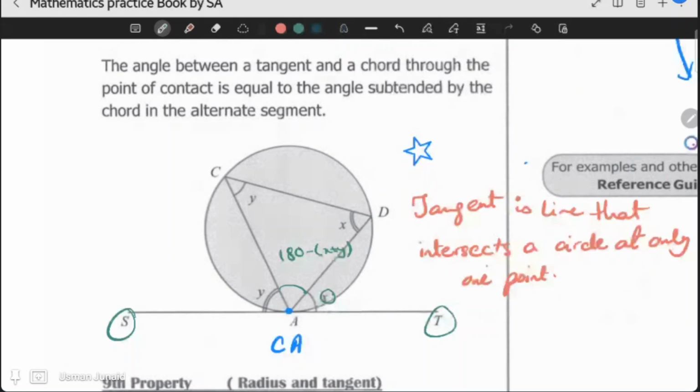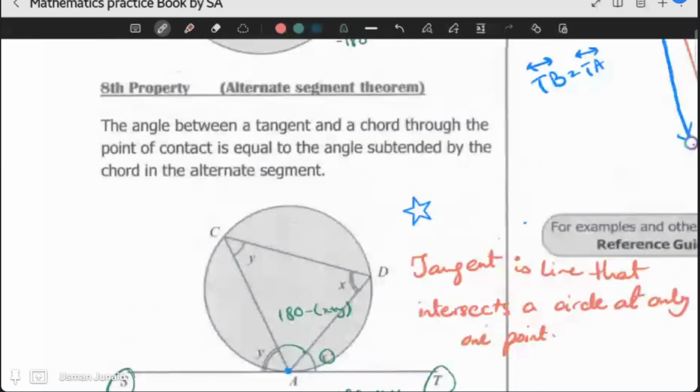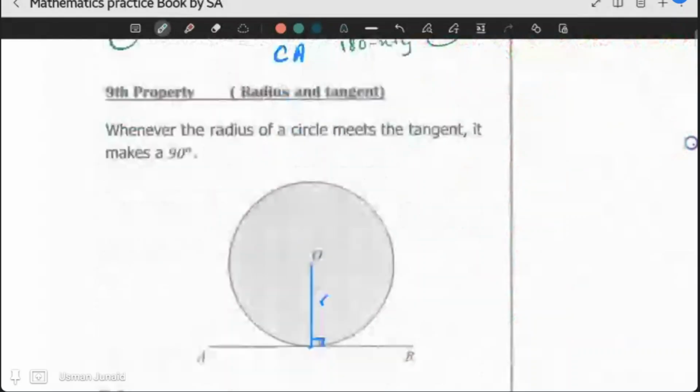And when you have a straight line, this would also be 180 minus x plus y. This property is rarely used, but you should know it.